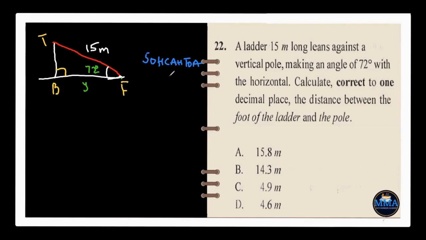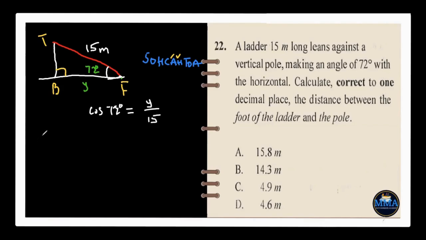So if you look at this, we have the hypotenuse given, the adjacent is given, so we can apply cosine. So we say here that cos 72 degrees is going to be adjacent over hypotenuse.